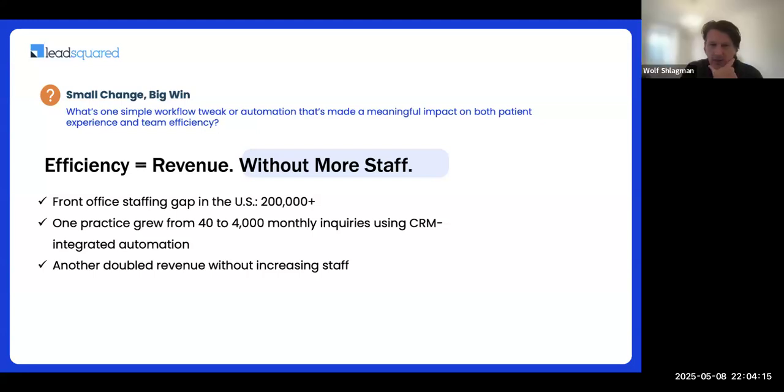So again, I find lots of practices may not have a really good CRM on the front end. So you've got one practice, new client, prospective patients that you need to manage.